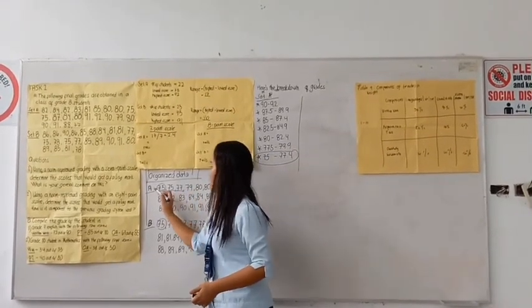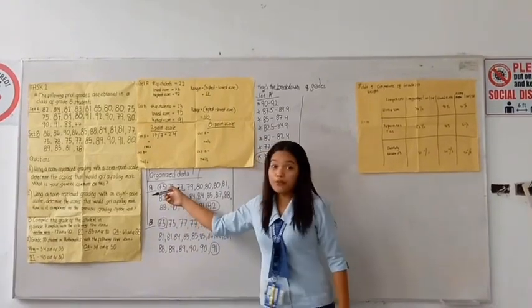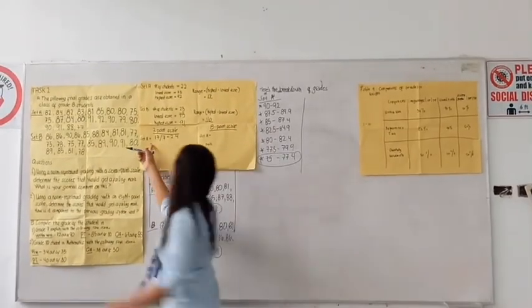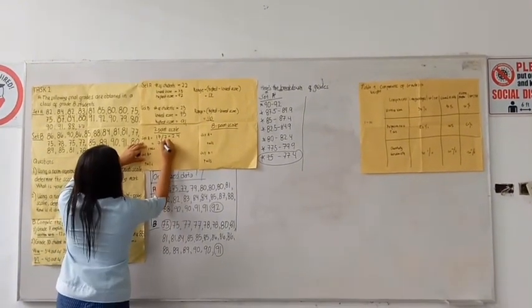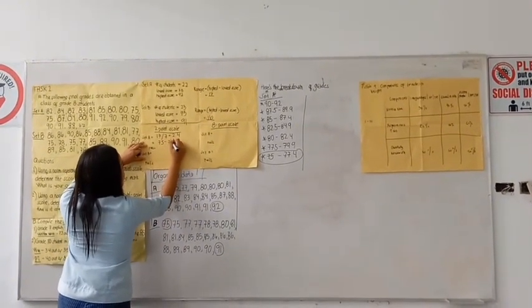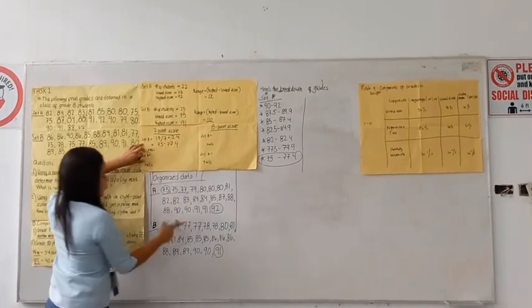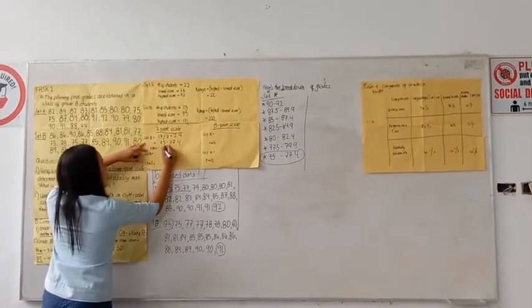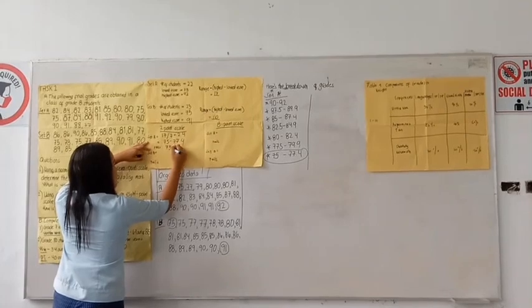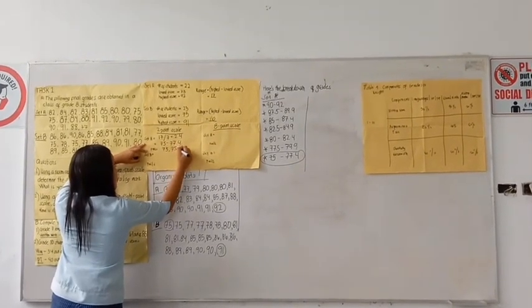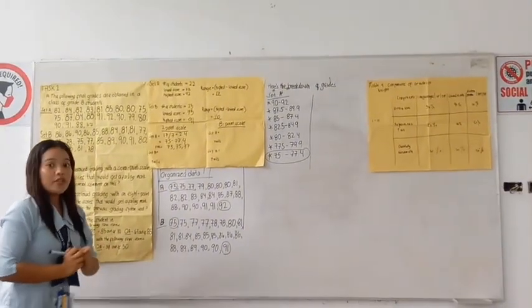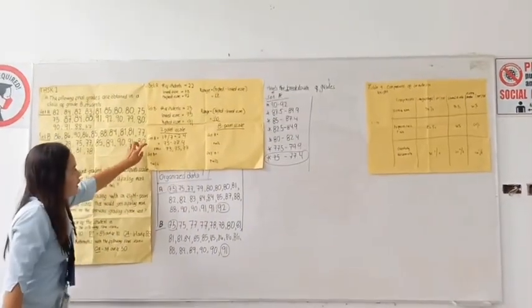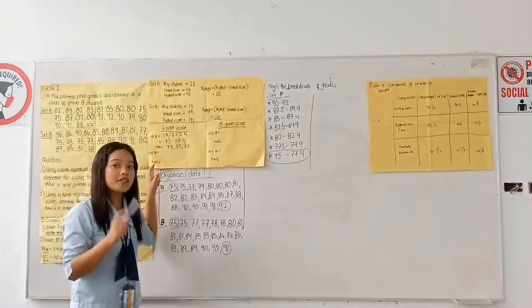So these are the failing grades. We have 3 students failed in set A for the 7-point scale.